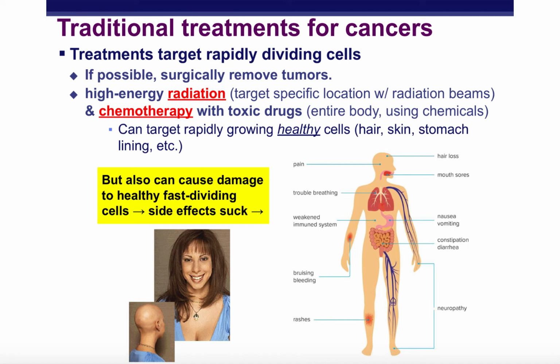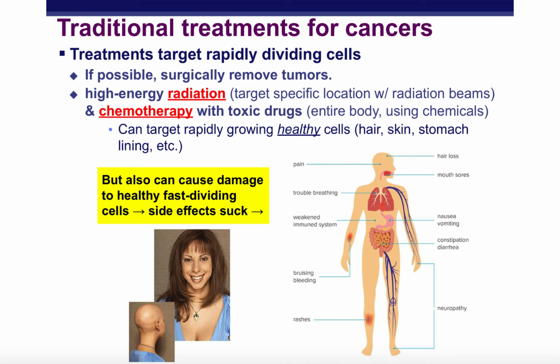So your hair grows pretty rapidly, your skin grows pretty rapidly, the lining in your blood vessels can grow pretty rapidly, and the lining in your stomach and GI tract, meaning your intestines, also grows really rapidly, since food is moving through it, so it gets damaged and you need to replace those things.